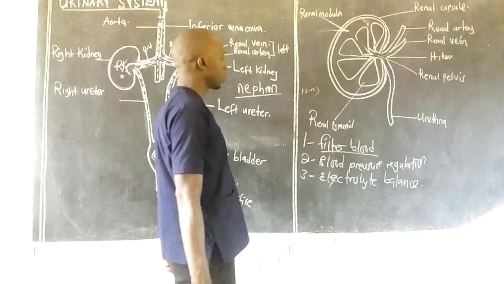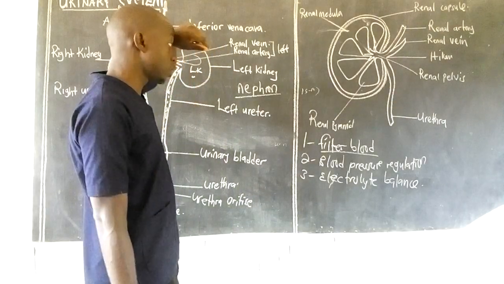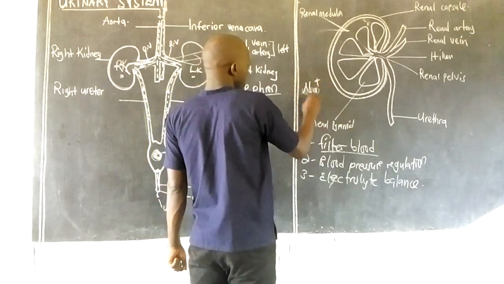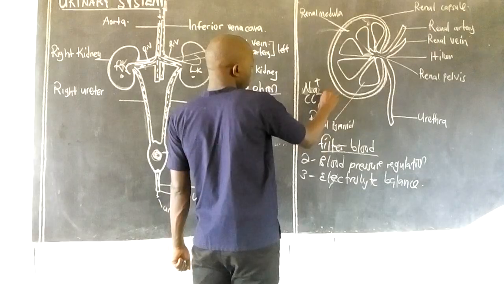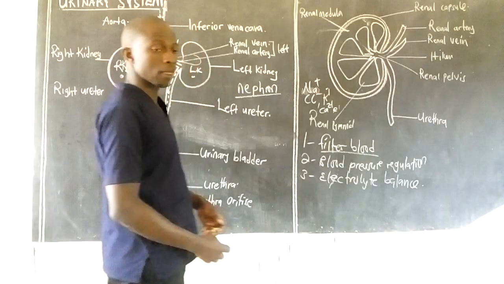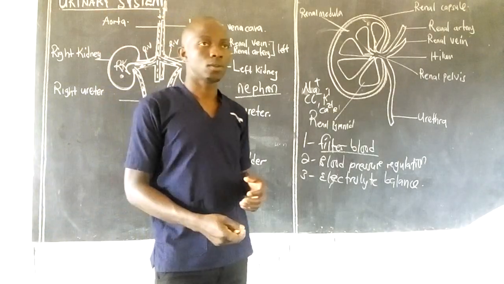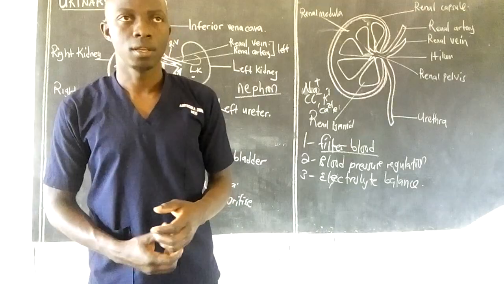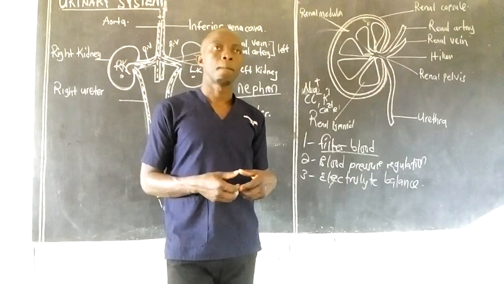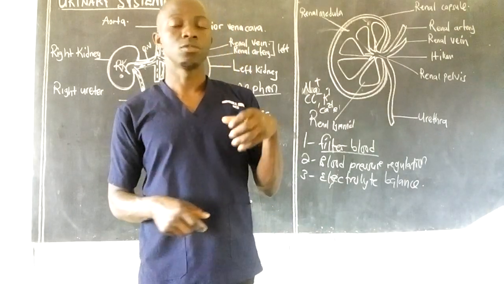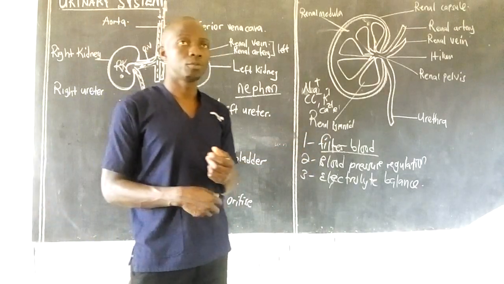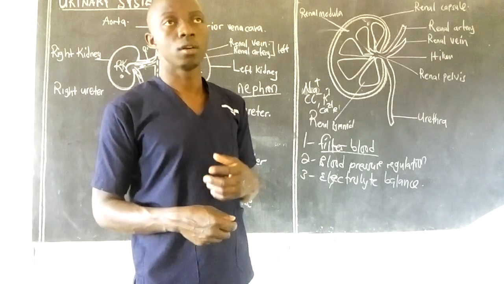So the electrolytes that keep circulating in blood, such as the sodium ions, chloride ions, potassium ions, calcium ions, etc. When they are in excess or when they are not needed by the body, they are filtered or passed out with urine because of their excessiveness, as we shall see in the process of selective reabsorption during urine formation.